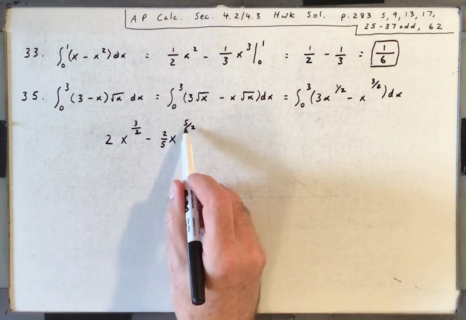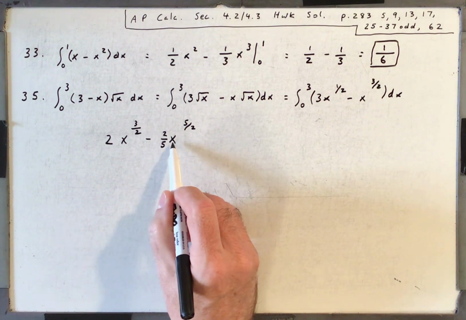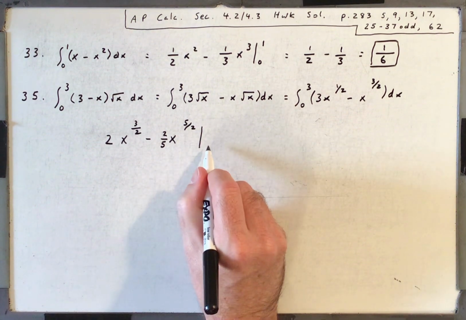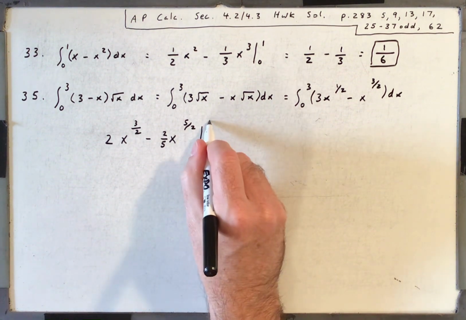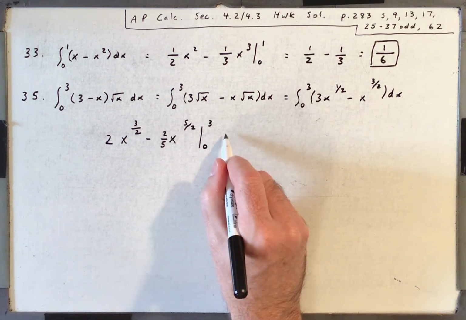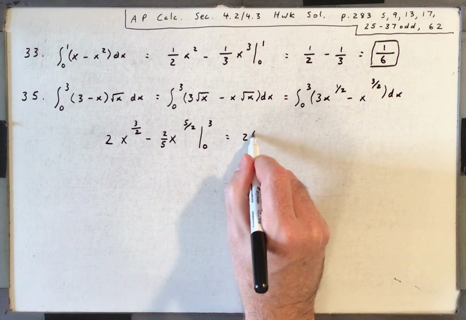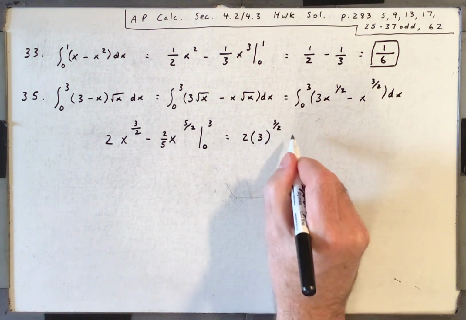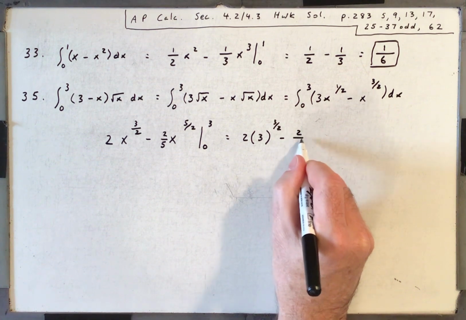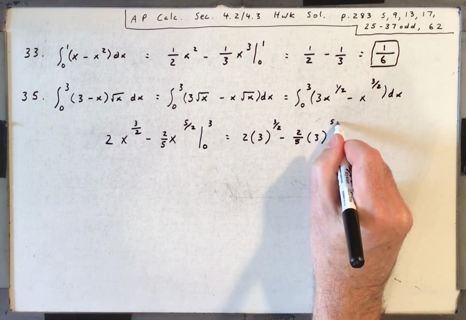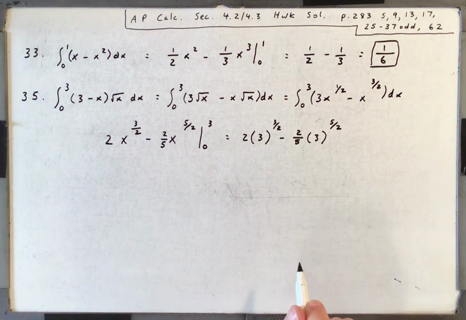So that would give me x when I brought the 5/2 down, and then x to the 3/2. And we're going 0 to 3, and I'm glad we got a 0 here because I only have to worry about the first part of this. So that's going to be 2 times 3 to the 3/2 minus 2/5 times 3 to the 5/2.